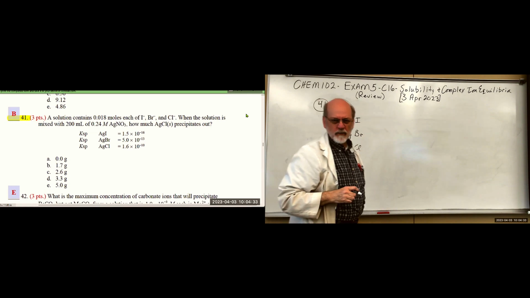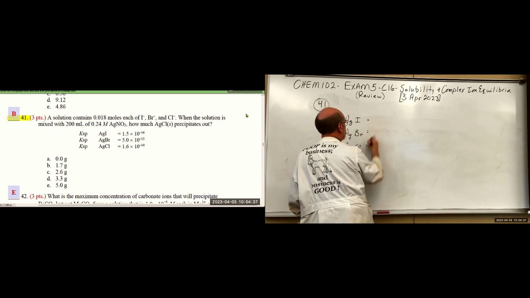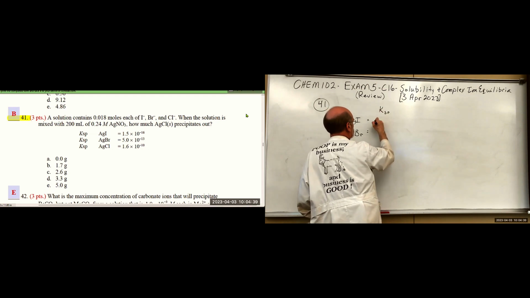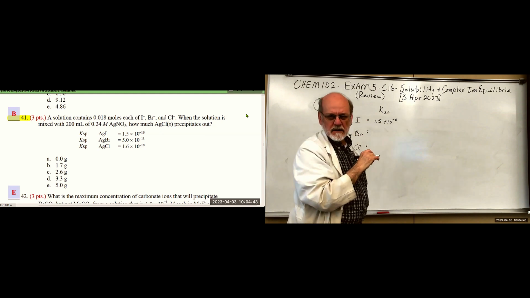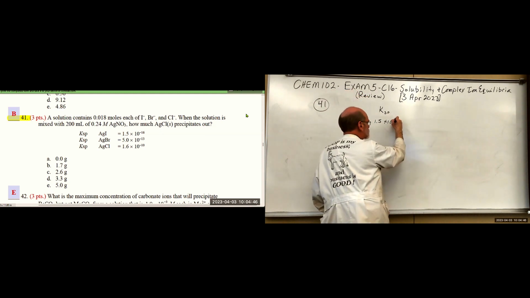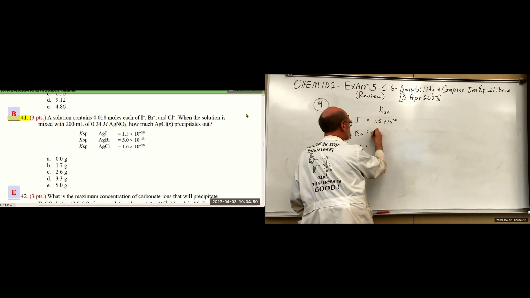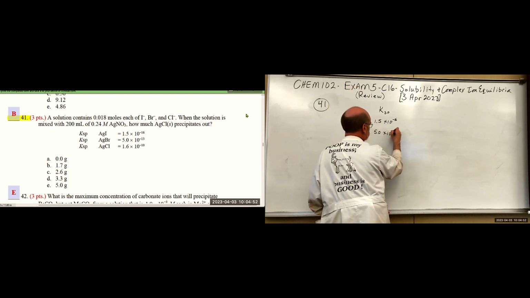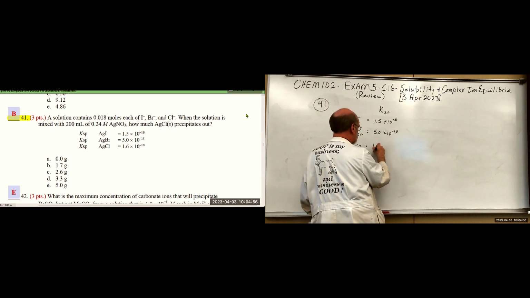Yep. The KSPs are 1.5 times 10 to the minus 16, 5 times 10 to the minus 13, and 1.6 times 10 to the minus 10.